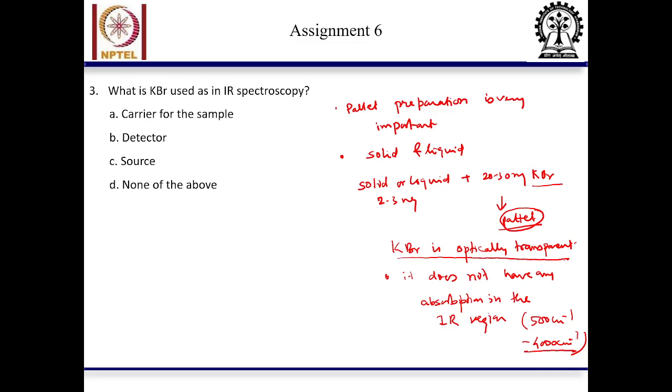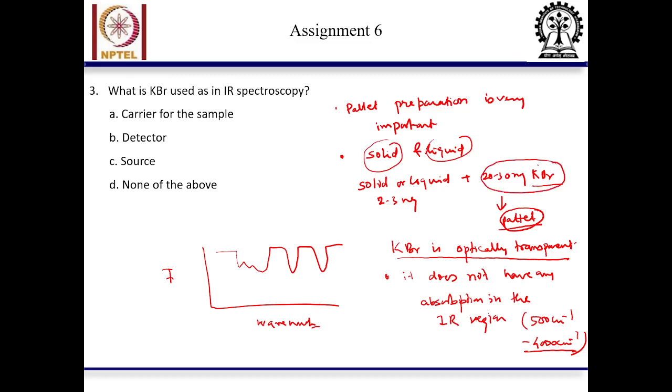Whatever spectrum we get, transmittance versus wavelength or wave number, it should come effectively from your sample, which is solid or liquid. It should not be interfered with by what we are making the pellet from, like KBr. So is it correct? Is it understood, Shweta, why this is the answer for question number 3?